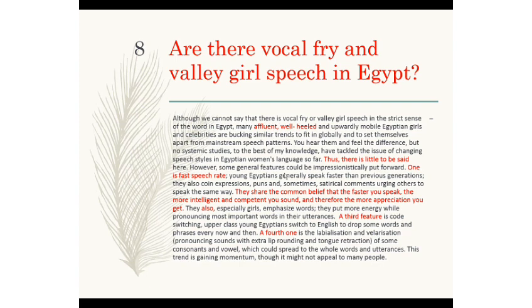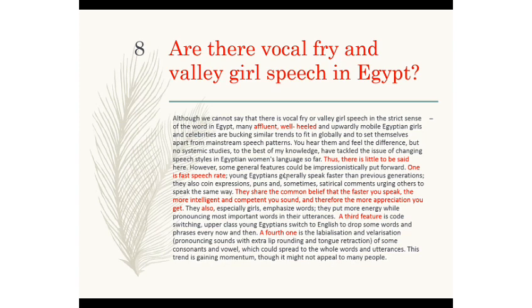For example, the word khalas, we can hear it from those girls in well-to-do areas. They can say khalas, rounding their lips, khalas. And so on. This is what comes to mind now.